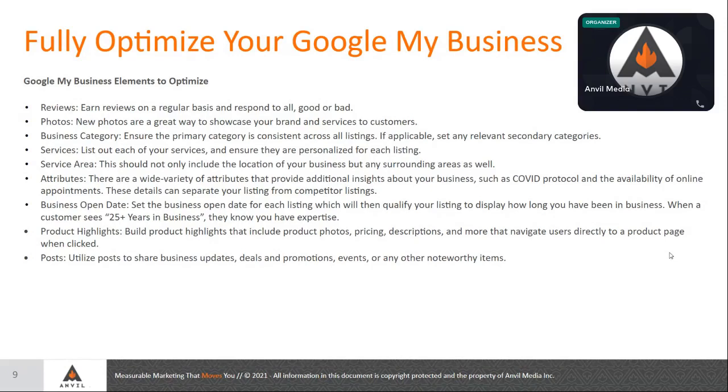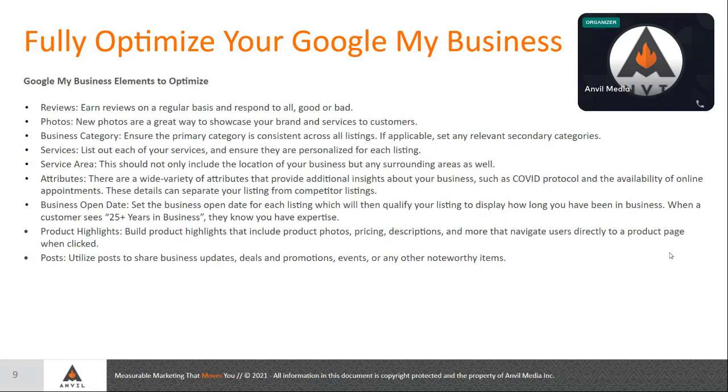And then Google also has secondary categories as well. So if there are any other industries that would be applicable, make sure you set those within your secondary categories. You can list out your services and make sure that all of your services are personalized for each listing, making sure that it's accurate for each location.